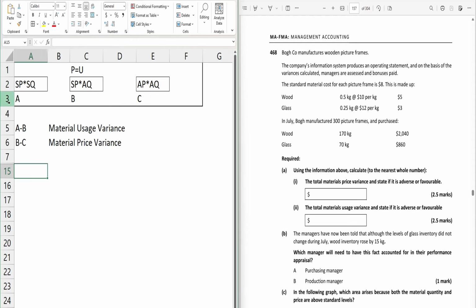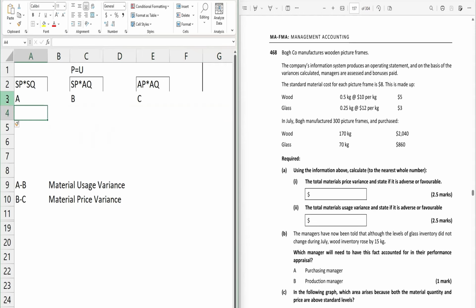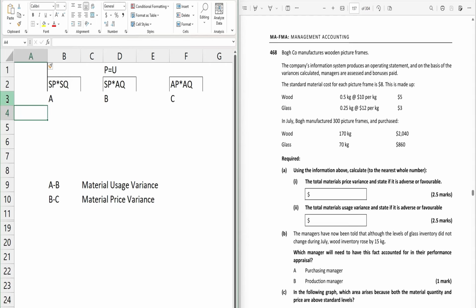So let me show you. Now, okay. So one is the wood, the other one is the glass.